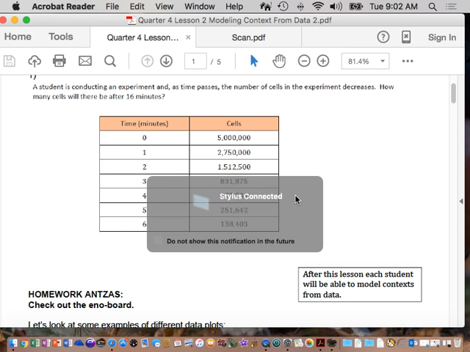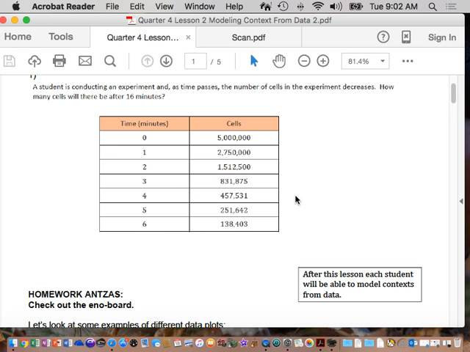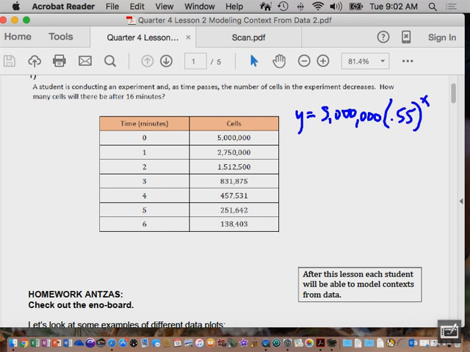Can someone tell me what they get? 5 million times 0.55 to the x power. Y equals 5 million times 0.55 to the x. Now, it wants the 16th minute, so just change x to 16.